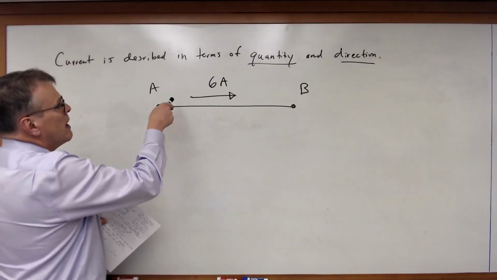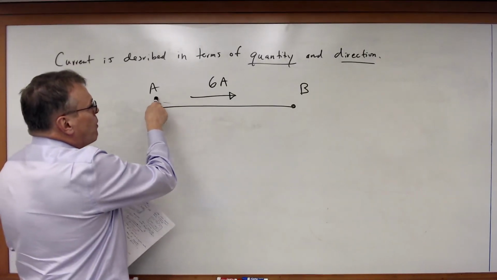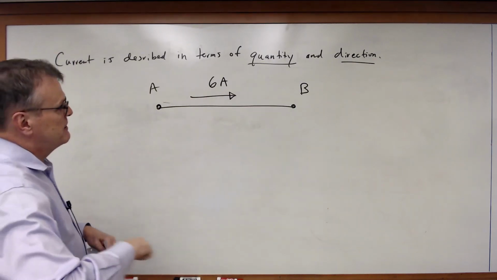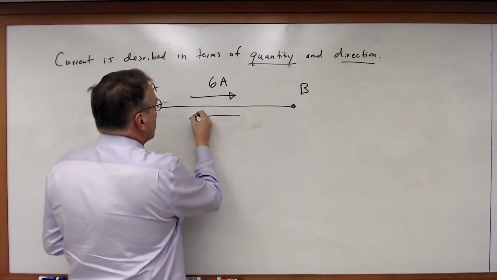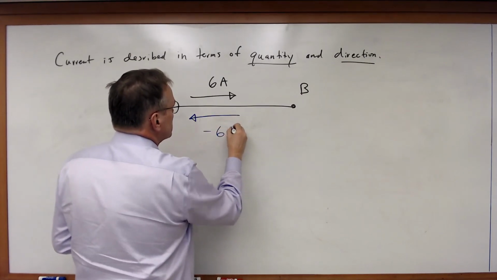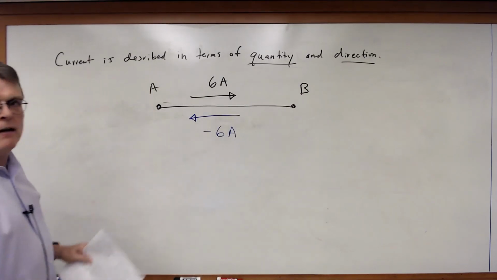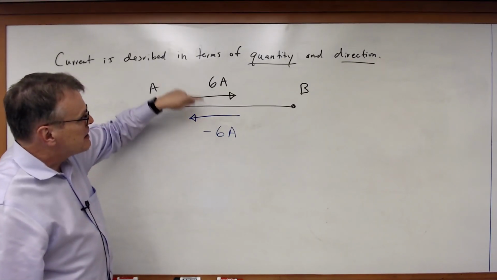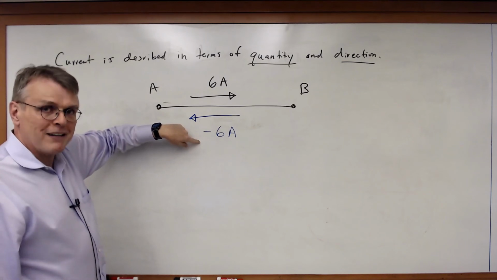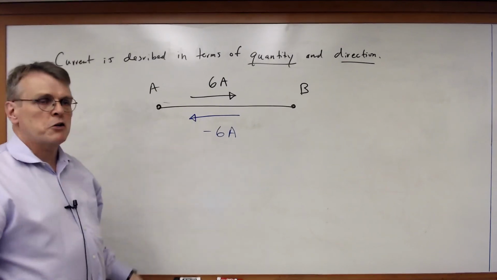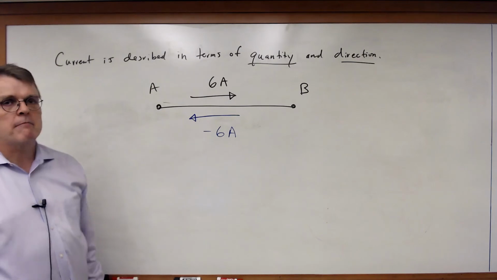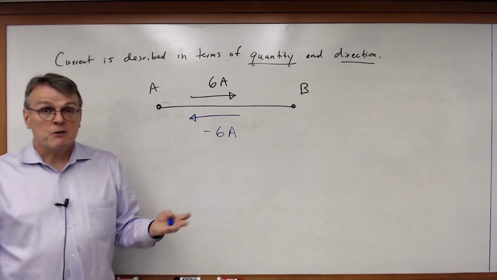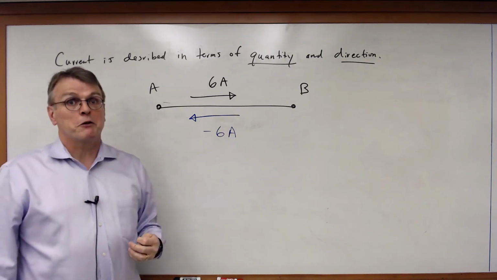To say that I've got 6 amps going from point A to point B is exactly equivalent to saying that I've got minus 6 amps going from B to A. So I can always write this as this by changing the sign on the quantity and then flipping the direction. These two are mathematically equivalent. And in fact, being able to use that equivalence turns out to be incredibly useful as you learn how to analyze circuits.